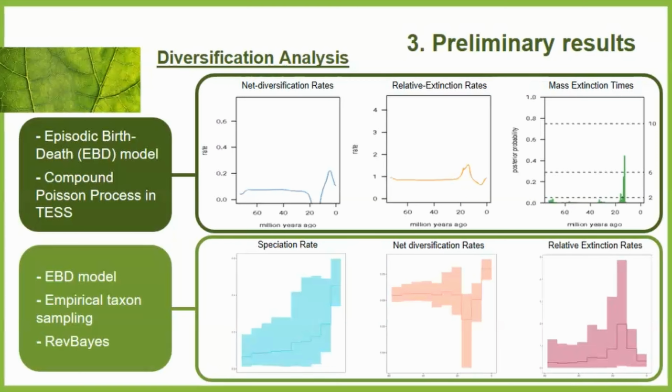It's also longer to run. You can see in the first graph that the net diversification rate, so the difference between speciation and extinction, is stable, and then around 20 to 10 million years, it goes really, really low, and then it emerges again. That small window could mean mass extinction, but you will not know because maybe it's only low speciation.